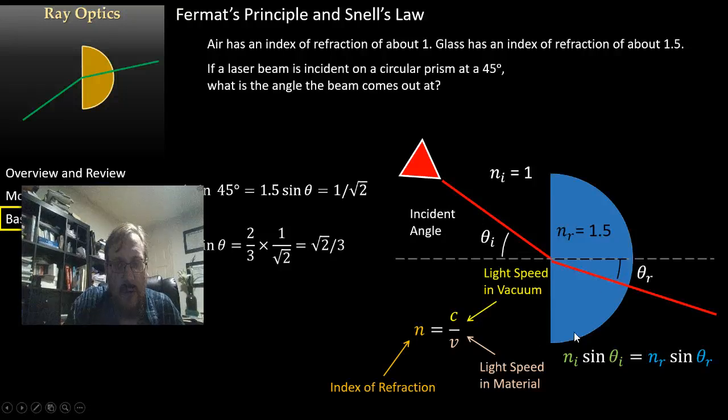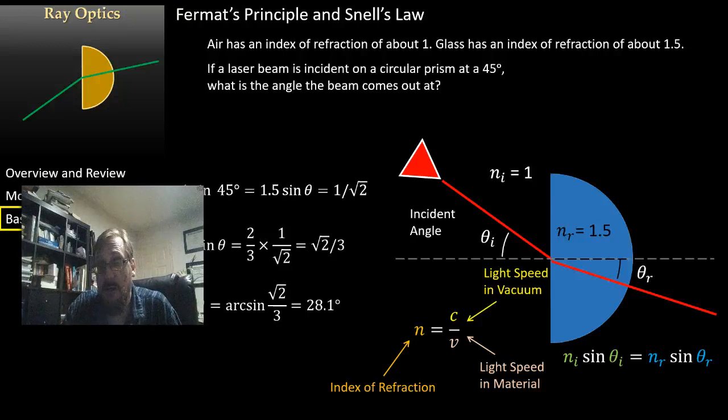This theta can't be greater than 90 degrees. Definitely can't be greater than the 180 degrees that makes it negative. So if we have that, we just take the arcsine, the inverse sine of the square root of 2 over 3, and that gives us 28.1 degrees. Simple enough, you should be able to do that kind of problem.